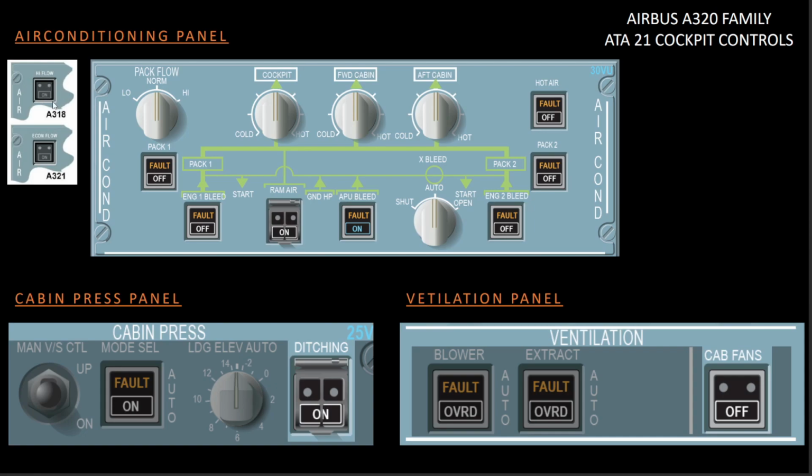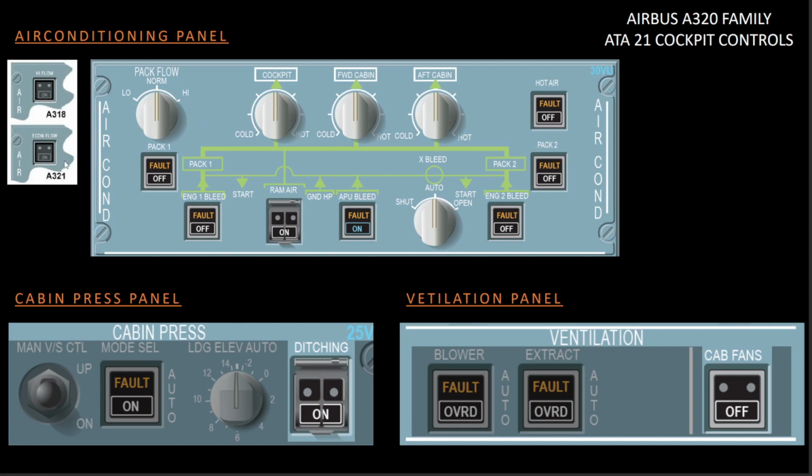When you select it on, it will give high flow. In all other cases, the flow control valve will be modulating between low and normal position. So you will not get this particular rotary switch in an A318 aircraft. Instead, you will have this push button.